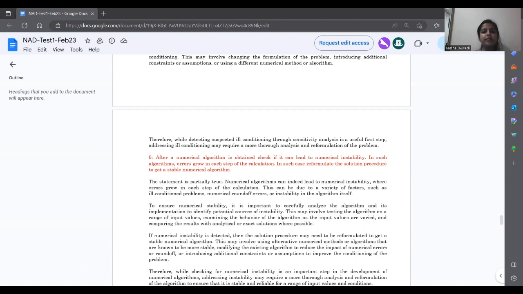Now, assuming the relative error is defined as (x(n+1) - xn) divided by the modulus of x(n+1), we calculate the relative error between x2 and x3. Relative error is (x3 - x2) divided by x3, which equals 0.0013.